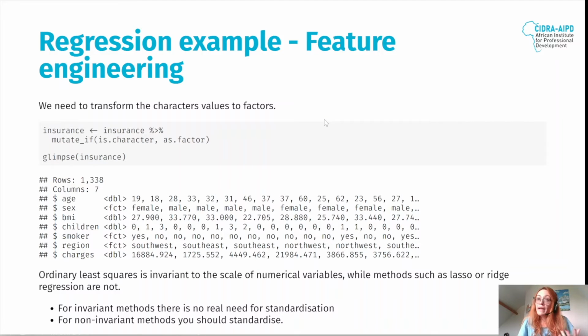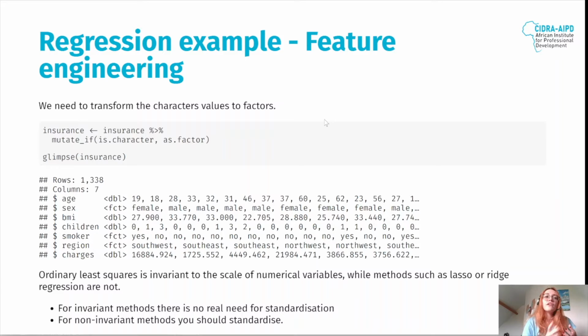But other methods like lasso or ridge regression are not invariant. So before using those models, you need to change the ranges of your numeric variables by applying some min-max or z-score normalization. So again, for invariant methods, there's no real need for standardization.